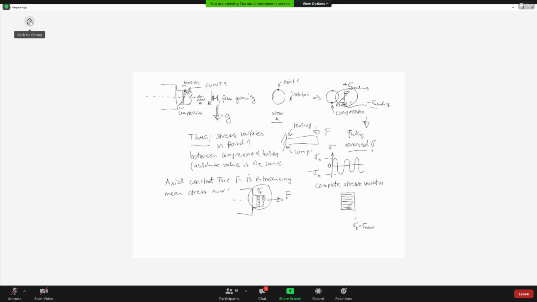And then you will additionally have the bending, which in the top part of the shaft will increase the tension, and in the lower part it will reduce the tension from the mean stress.